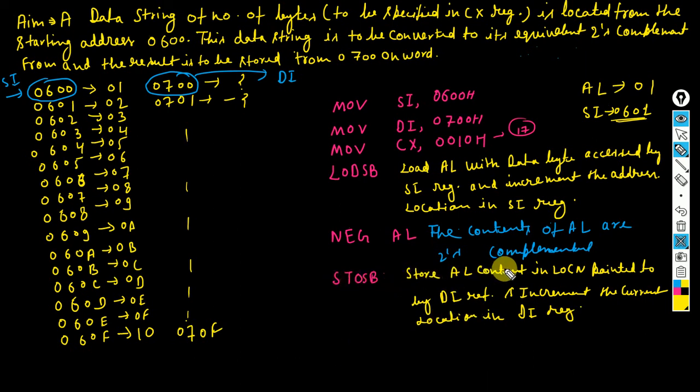Means store the AL content. When we execute 2's complement operation, the AL content is stored to the DI, means it's stored to 0700 memory location, and also increases the DI location by 1. So the updated location is 0701.